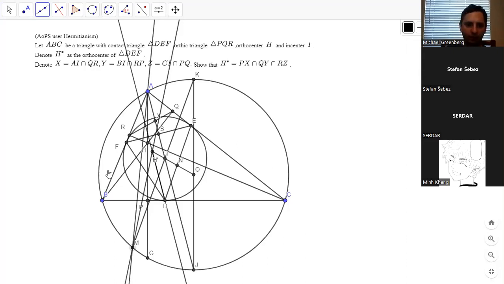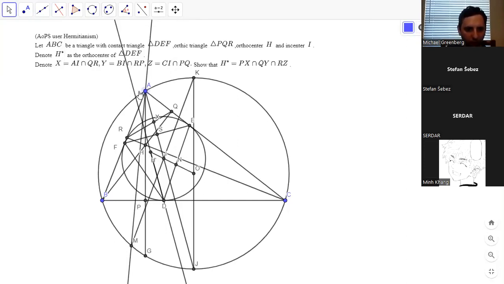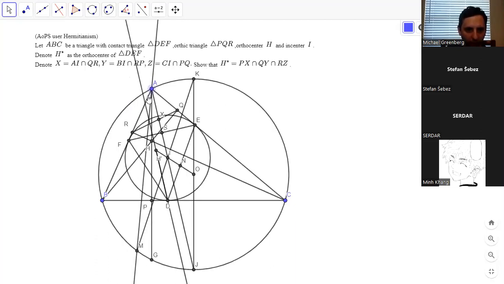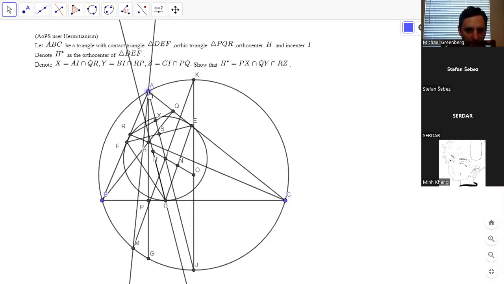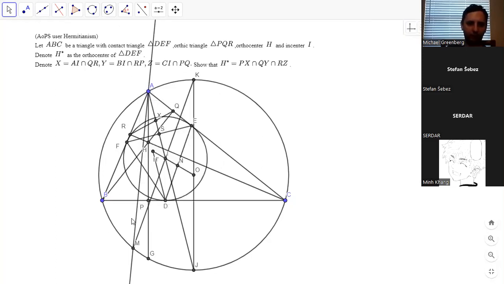I don't know, I was thinking. Yeah, it looks true. Yeah, I think I've seen that fact before in the Sharky Devil stuff. I don't remember the proof, but it looks familiar that they intersect on the incircle.